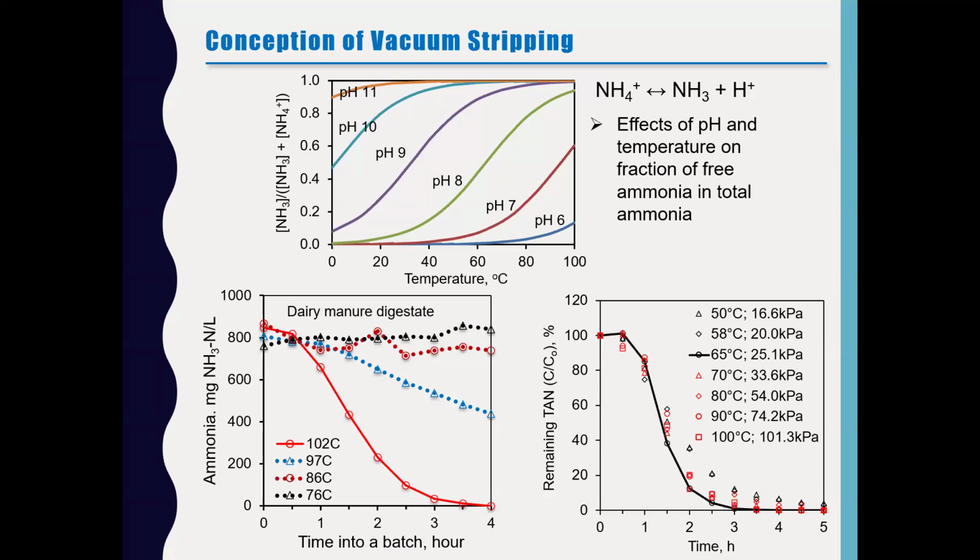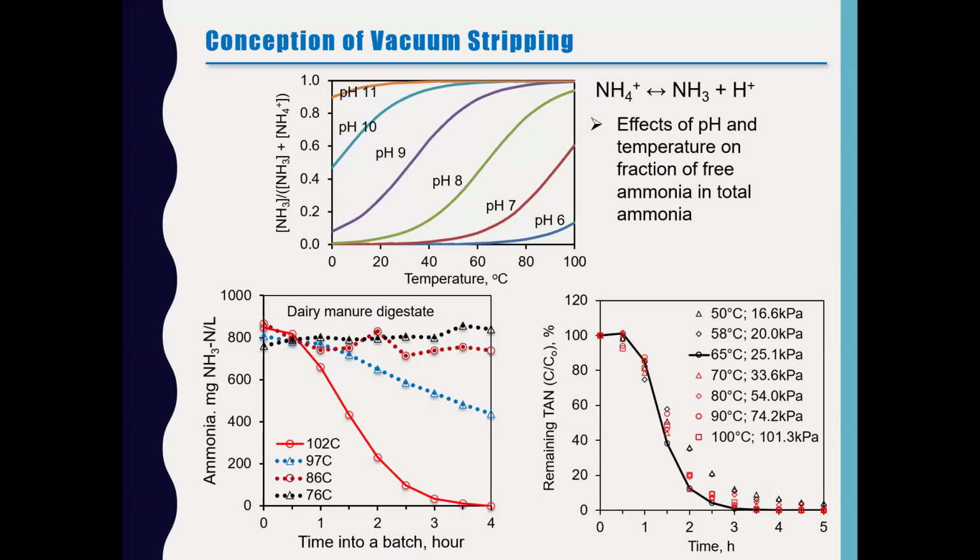But heating water to boiling is energy intensive, so we wanted to reduce energy consumption. We introduced vacuum, which means reducing the pressure from atmospheric pressure, 101 kilopascals, to a lower pressure.